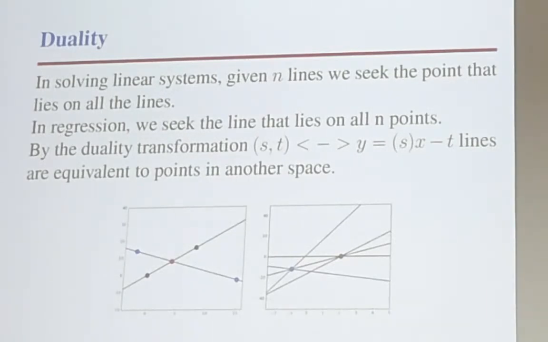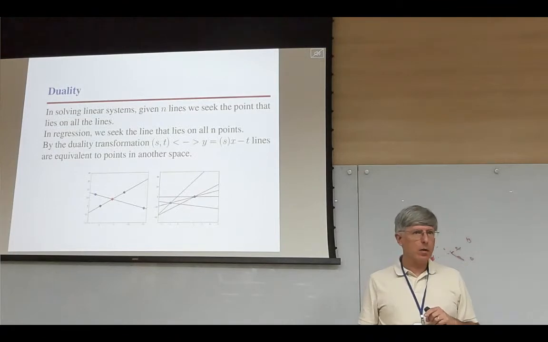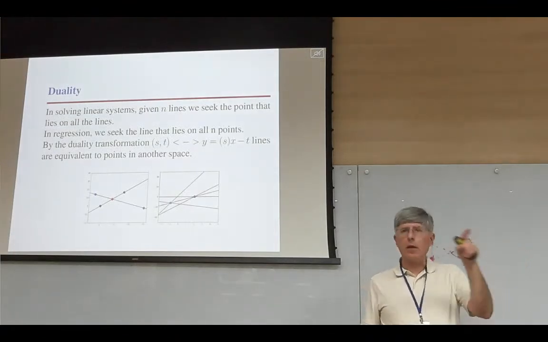Any questions about that? The key point about this particular duality transformation is that if you had 2 points on a given line, that line is going to become a point with 2 lines going through it. And vice versa. Any questions about that?